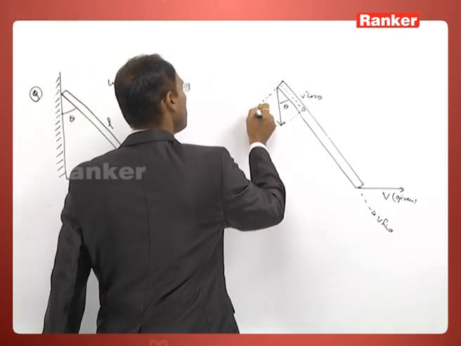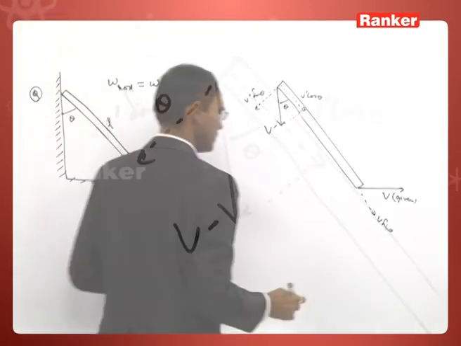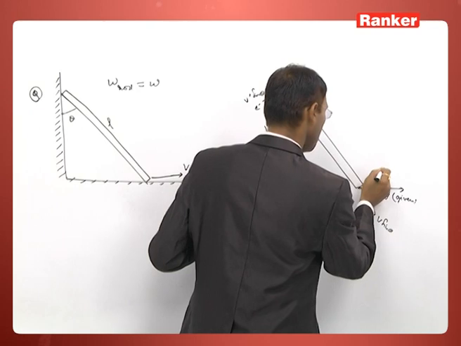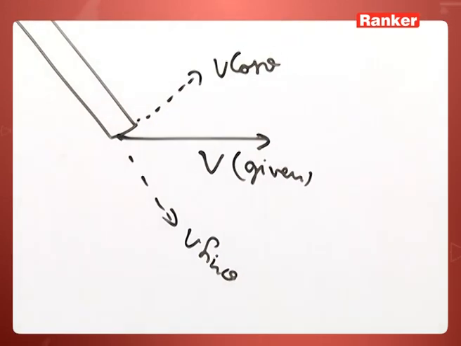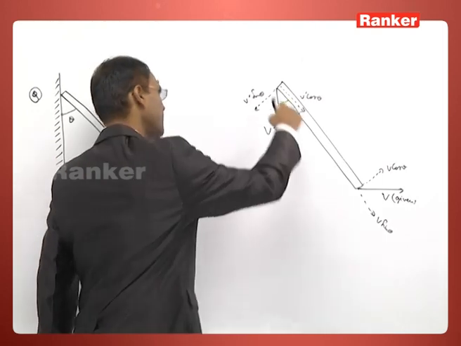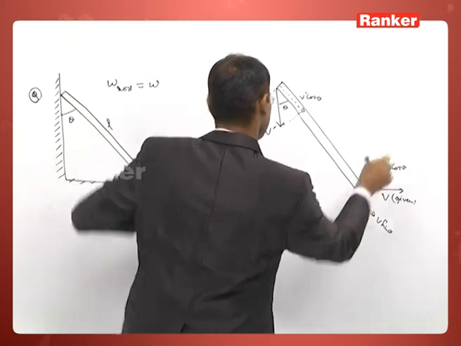The perpendicular component will be v dash sin theta. Here the perpendicular component will be v cos theta. No relative velocity along this direction. There is a relative velocity along this direction.